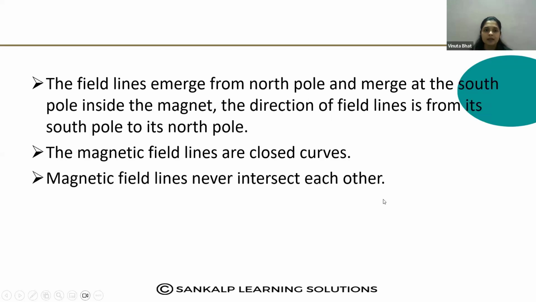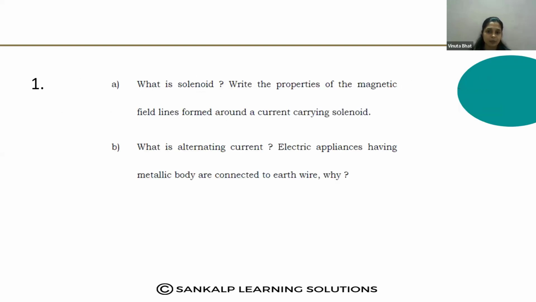Here, the field lines emerge from the North Pole and merge at the South Pole. Inside the magnet, the direction of the field lines is from its South Pole to its North Pole. The magnetic field lines are closed curves. Magnetic field lines never intersect each other.